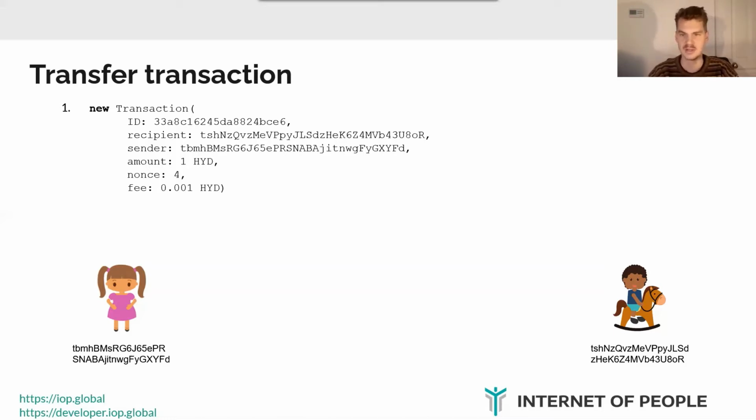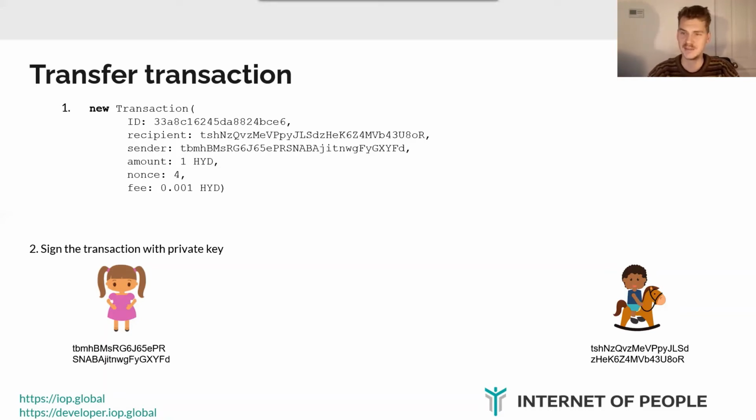The amount contains 1 Hydra because she wants to send 1 Hydra token to Bob, and it has a nonce which mitigates double spending. Double spending means that Alice would spend the same transaction twice. In order for her transaction to be included, she also pays a fee for the computers within the network.